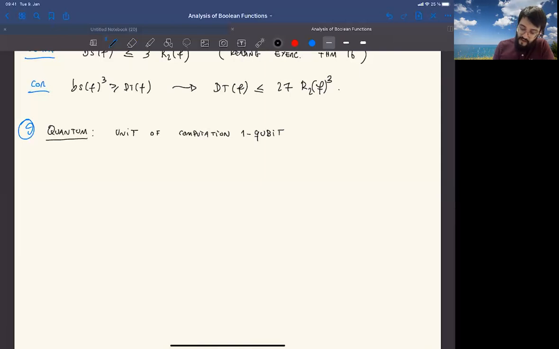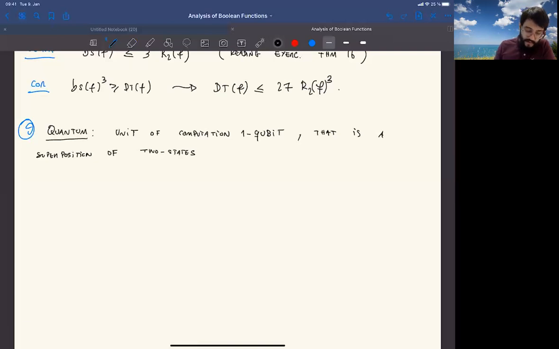And that is just a superposition of two states: true and false, 0 and 1, plus or minus 1. The notation is a bit different, so I will just follow the standard notation.